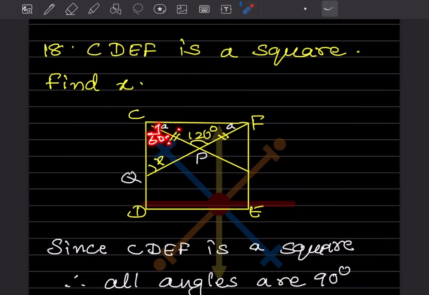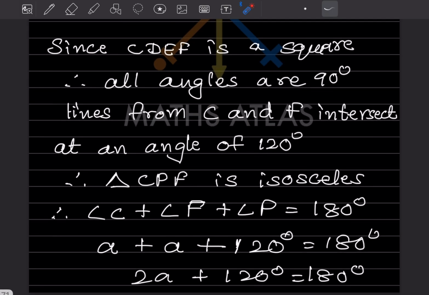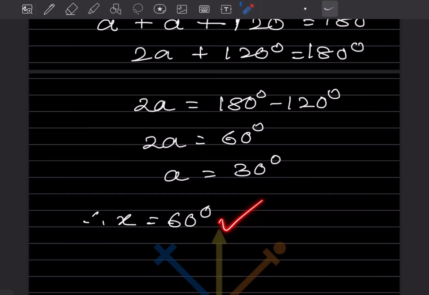Now this is 120, and this is a linear pair, so this is going to be 60. So 60, 60, and so this also should be 60. So x is going to be 60 because this is one triangle. So x is going to be 60 degrees.